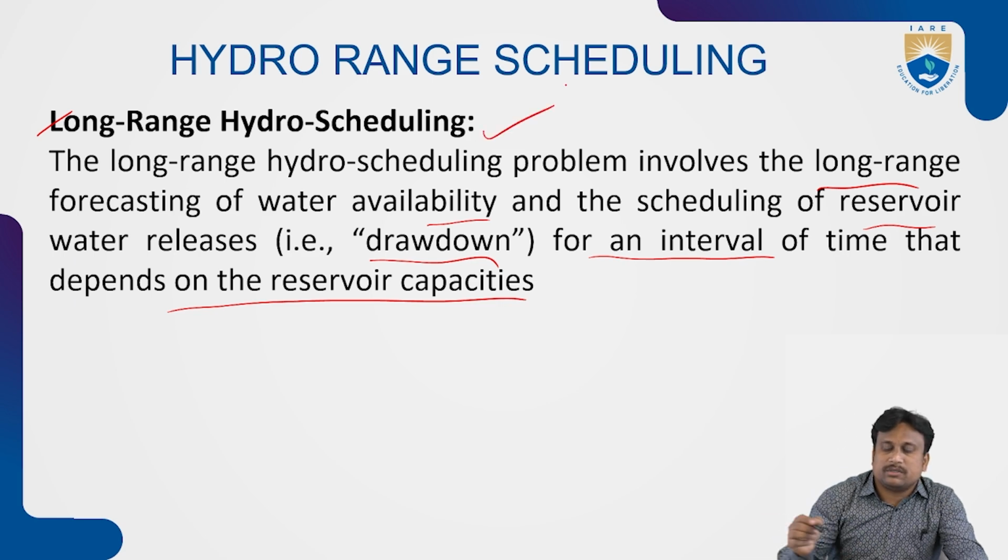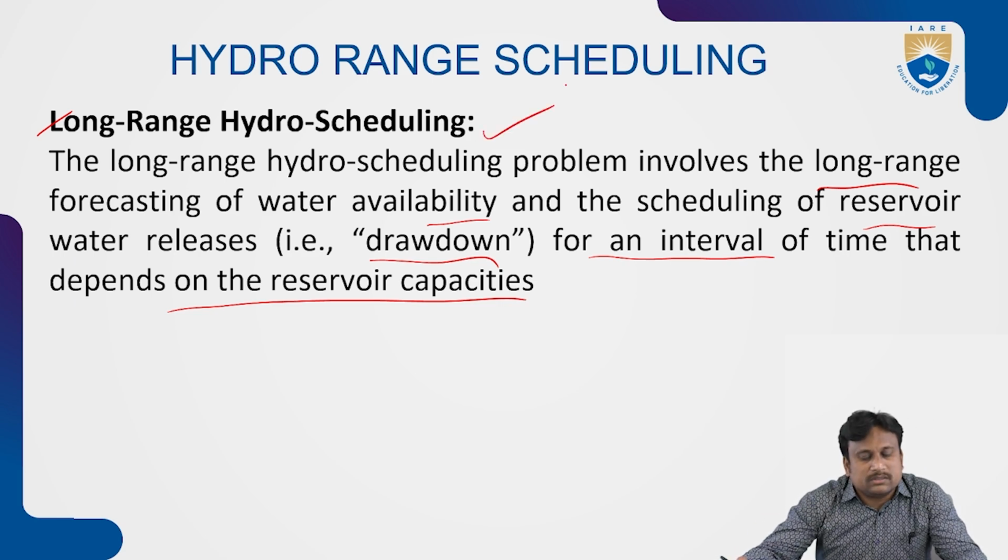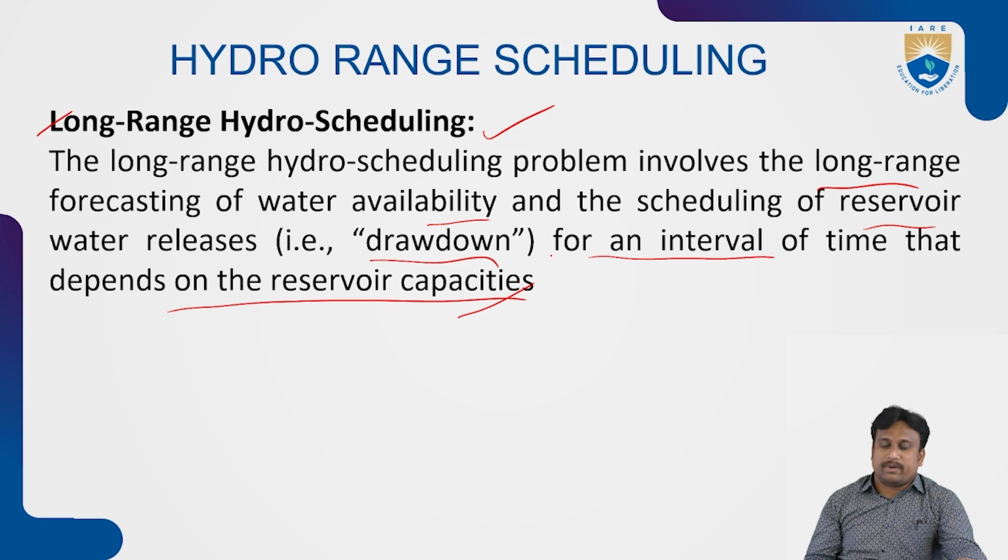So, long range hydro scheduling means forecasting the availability of the water and scheduling the reservoir water releases for an interval of time that depends upon the reservoir capacities.